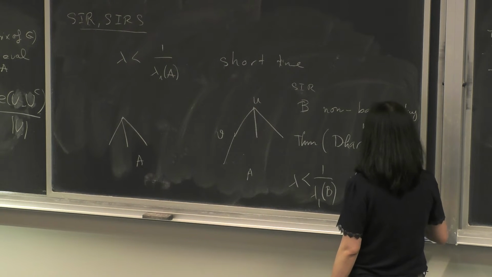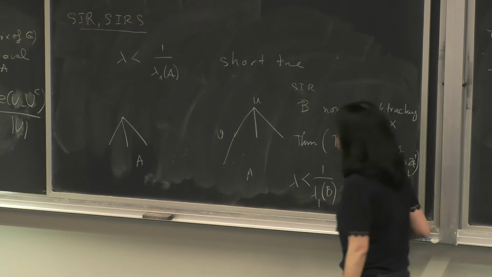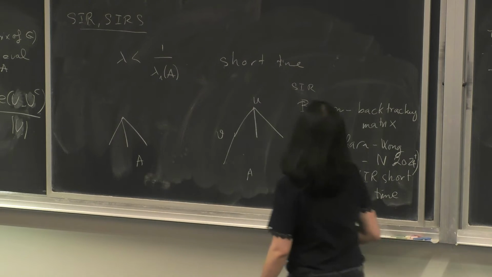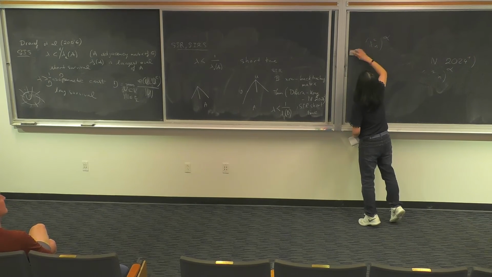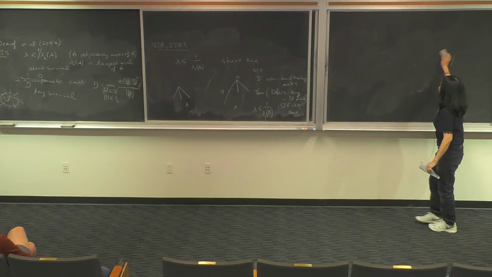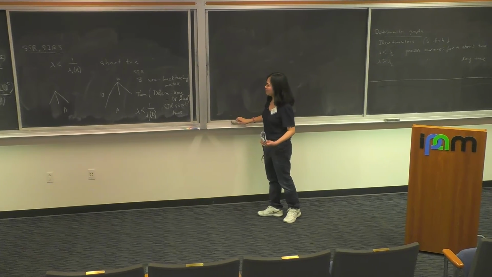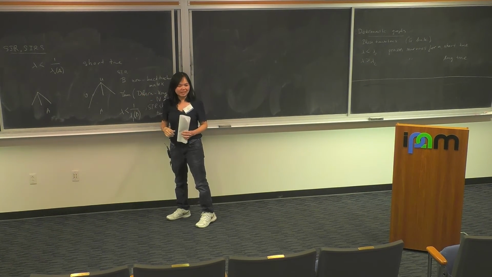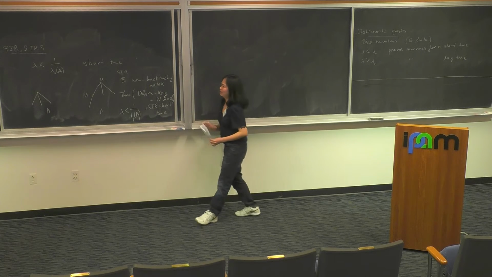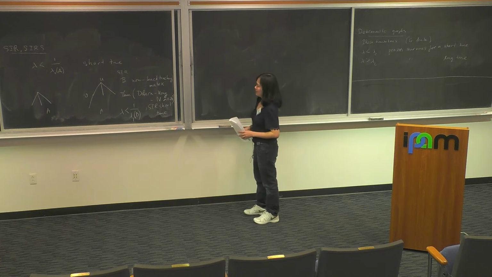We don't know what is the logical matrix to look at for the SIRS. I would tend to think that it's something between the non-backtracking matrix and the adjacency matrix, but we don't know how to do that yet.